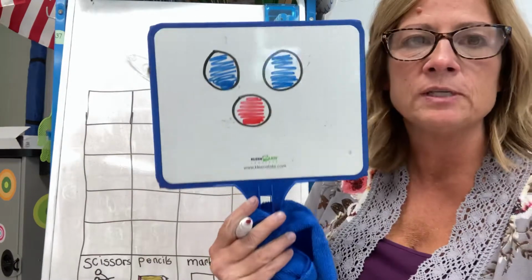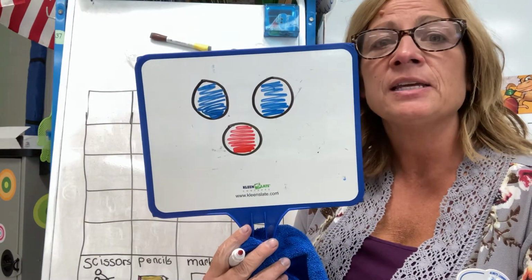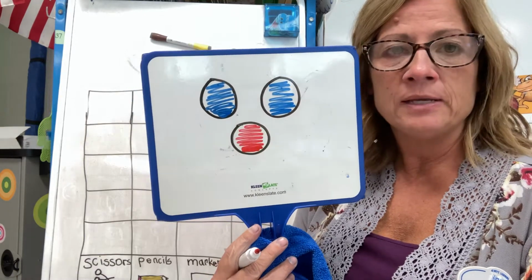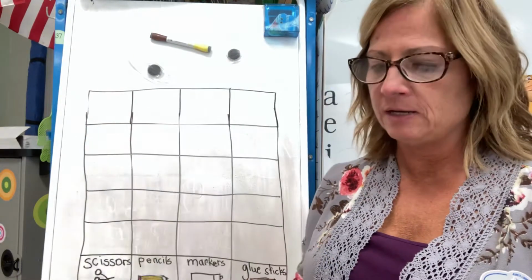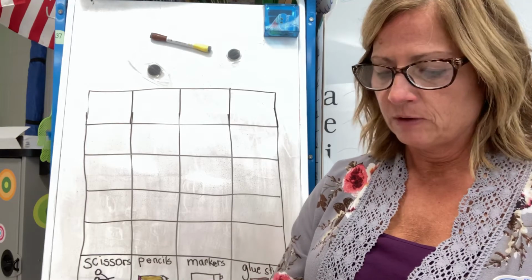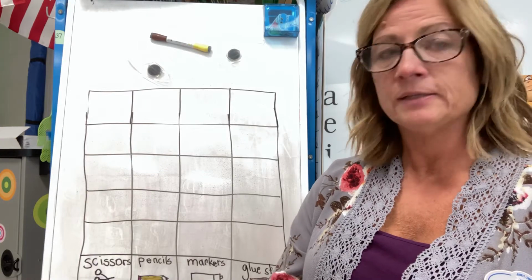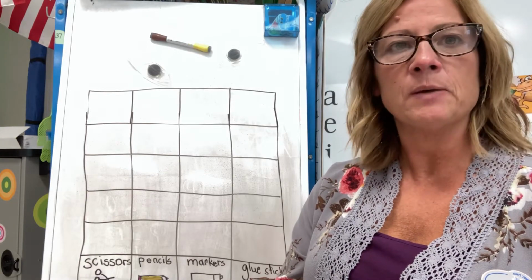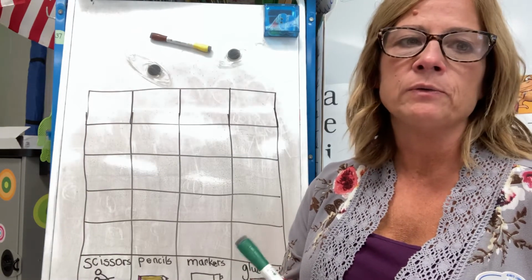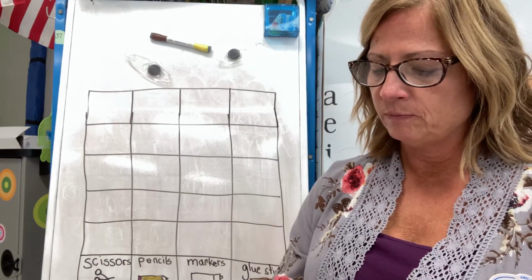But how many circles did we draw all together to start with? That's right, we did 3. Okay, so we're going to fill in a number sentence. So we started with 3, and some are blue and some are red. So how many are blue? Right, 2 are blue.